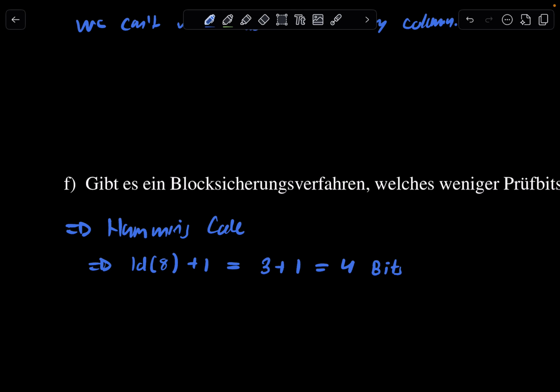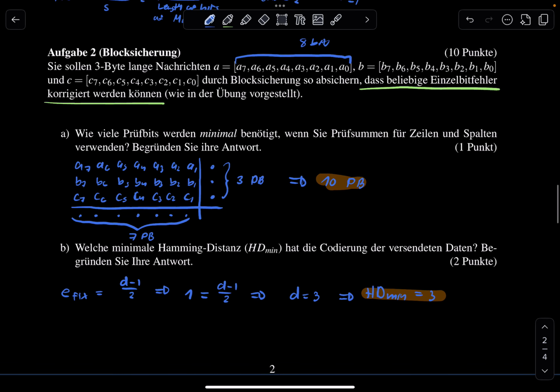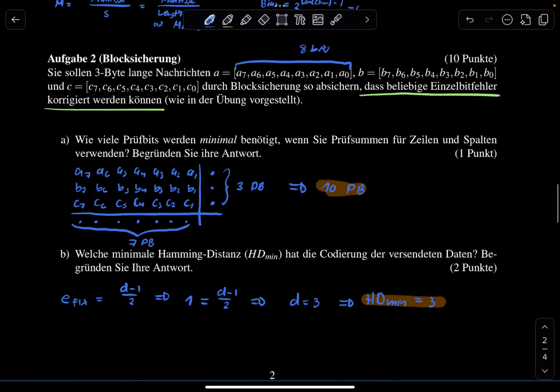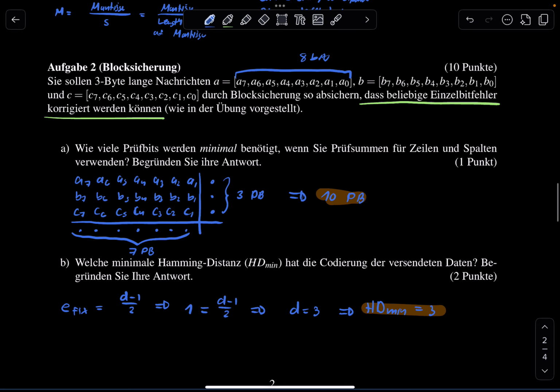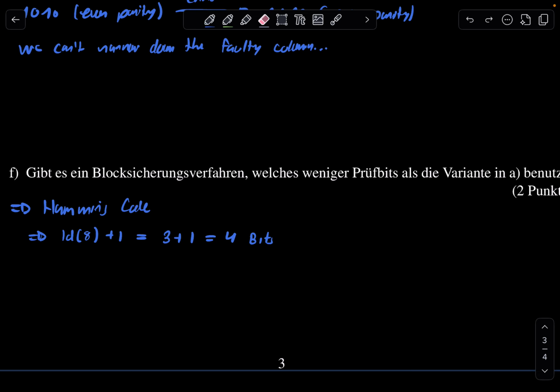In comparison to the other one that we had to take about, well, per message we needed, no, it was 24 in this case, we need 24. Yeah, totally dumb mistake here.